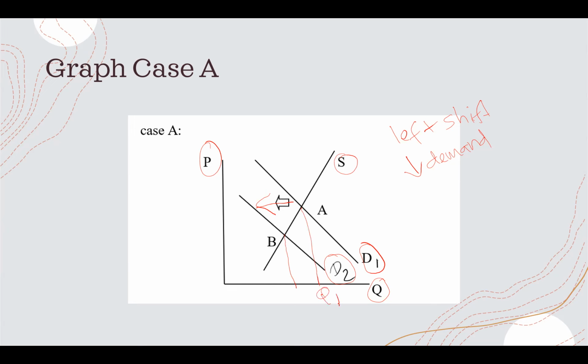Now let's see what will happen to quantity and price when demand is decreasing. At demand level 1, the quantity provided is, let's think, 10, and the price is $2. And at demand level 2, quantity decreases and price also decreases.